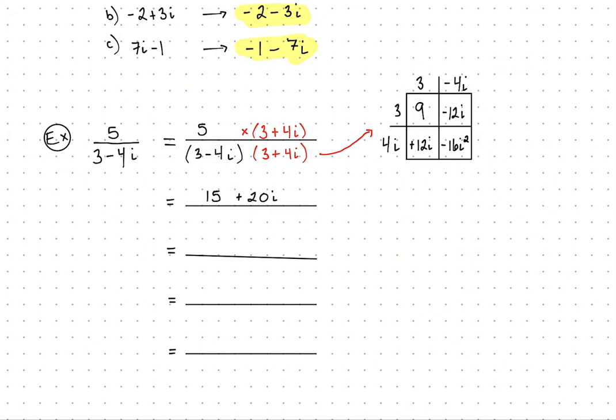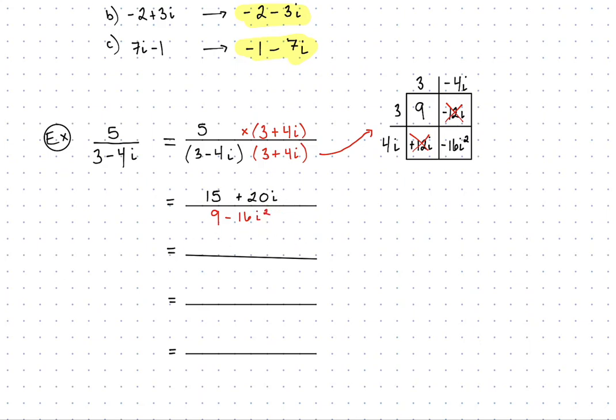Now notice again, just like with all of our complex conjugates, our imaginary terms cancel. So I'm going to cross those out, and we're just left with 9 minus 16i squared.